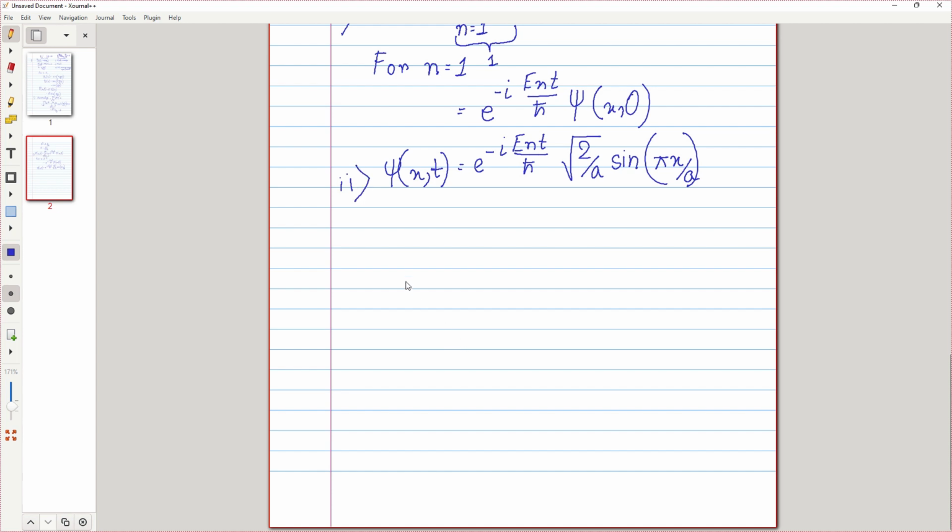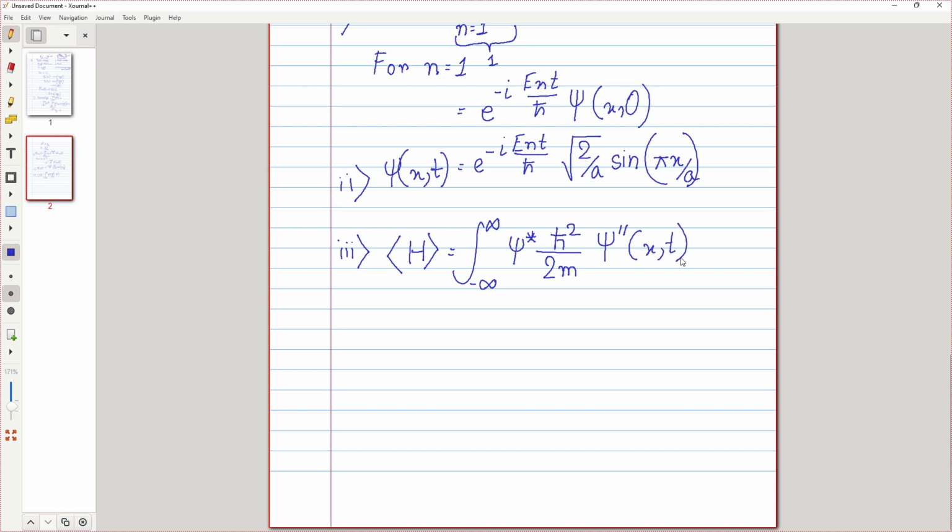For number 3 we need to find the H cap. Now H cap is given as the conjugate, minus h cut square by twice m, times the double derivative of the function of x that we just found out here.